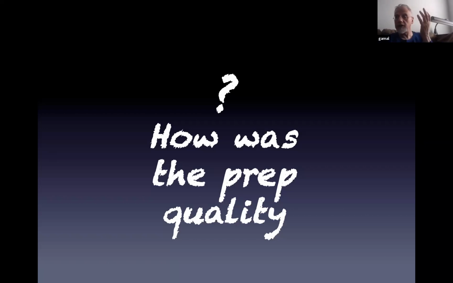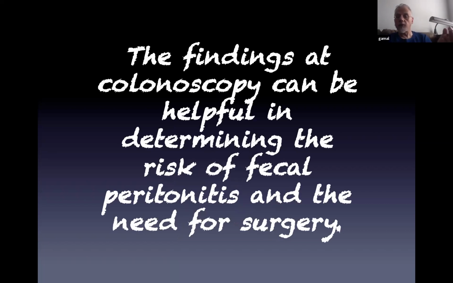It has implications on what you do in the management, right? And here's what it is. If the bowel prep was terrible, was really bad, and you have a perforation, you'd be more inclined to operate on that guy because there's a lot of stool to leak into the peritoneal cavity. So take that into consideration, as opposed to when the bowel prep was perfect. You're going to say, you know what?